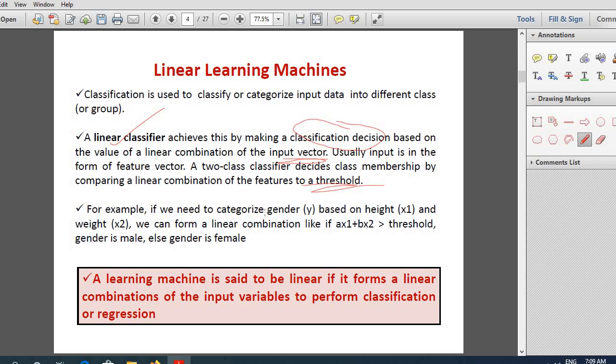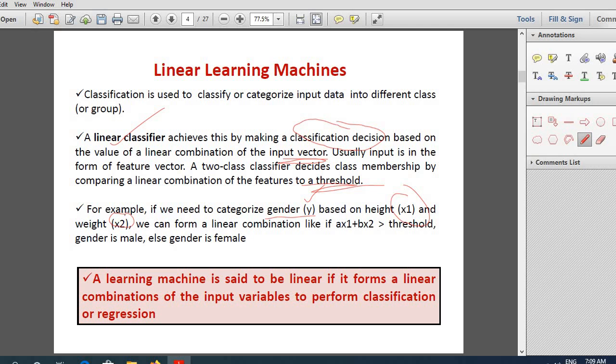For example, if you need to categorize gender, let y be gender, the output variable. We need to categorize y as either male or female based on height and weight. These are the input variables. So height and weight data form the input vector and gender forms the output.